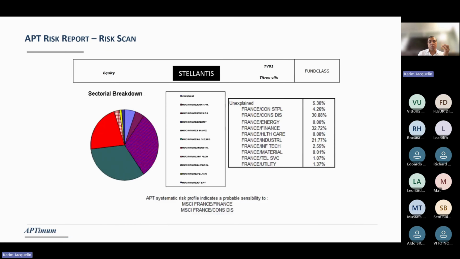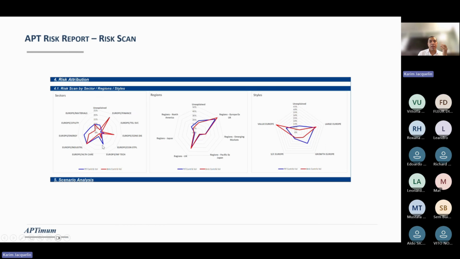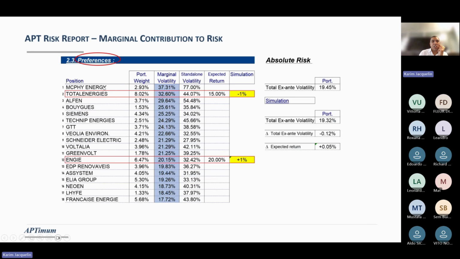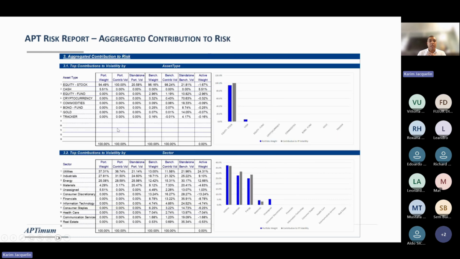So why do we have a positive exposure to information technology? This is because some stocks like McPhy Energy, GTT, Technip Energies, so these are green tech, are positioned in the energy sector, but they are very sensitive to the technology sector. And at the end, they are correlated to the information technology sector.